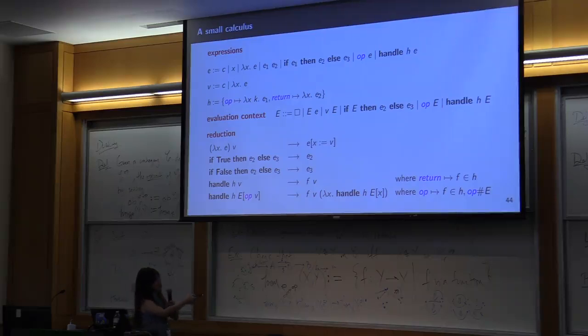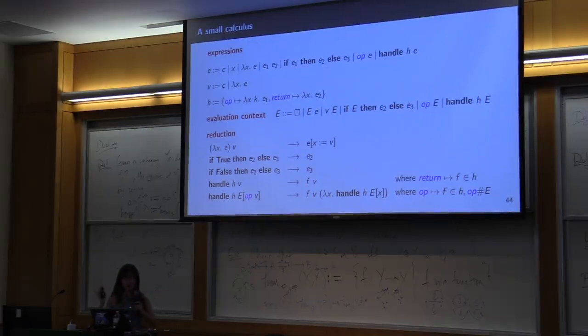It decides that by applying its operation clause f, which we take from the handler, to the argument of the operation as well as the continuation. The continuation captures from where the operation is performed to where the handler is used in the evaluation stack. As long as you give it back some operation result, it will resume the original computation and produce some result.